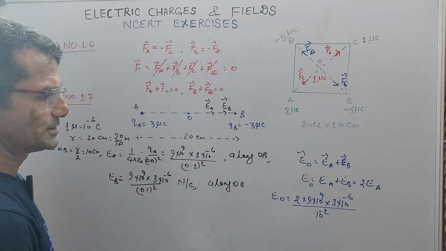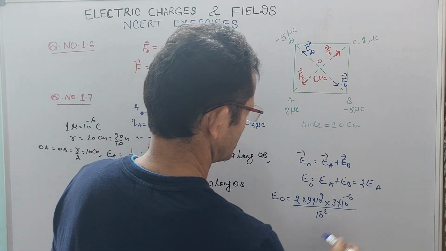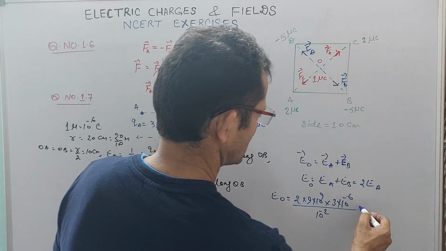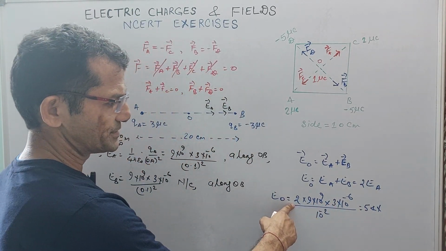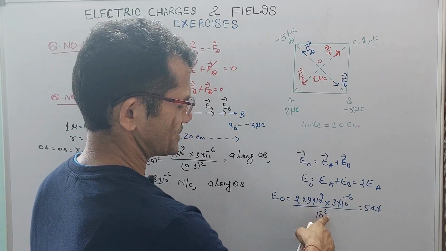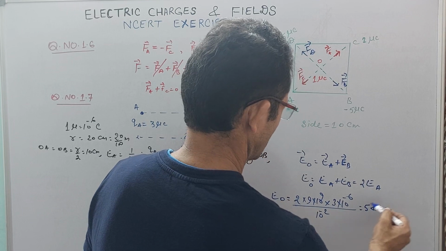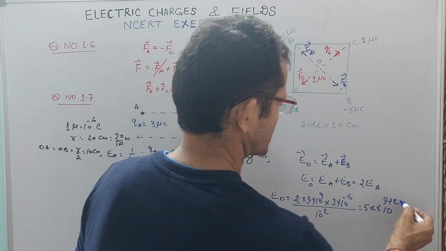If you simplify this, 3 into 9 into 2 is 54, and the minus 2 goes in the numerator. So 9 plus 2 minus 6.